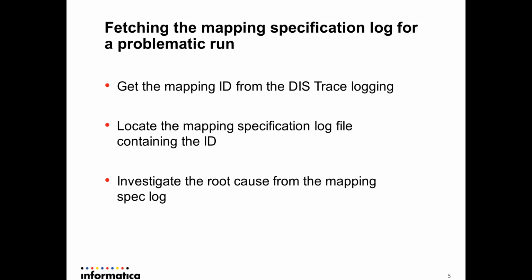Once you have that ID, you can go to the folder location of the mapping specification log files and retrieve the corresponding mapping specification log. And with that, you should be able to investigate the root cause for the failing map runs.